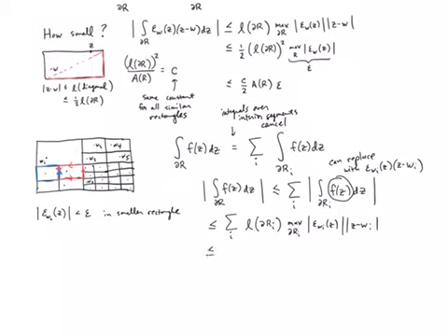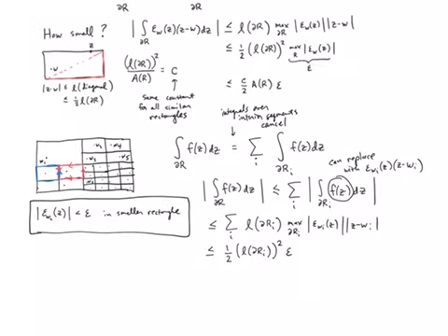So what we came down to is that this is less than or equal to 1/2 the length of boundary R_i squared times epsilon, because we're supposing we can find these w_i's so that this inequality holds in all the smaller rectangles, and the error is bounded by this uniform epsilon.